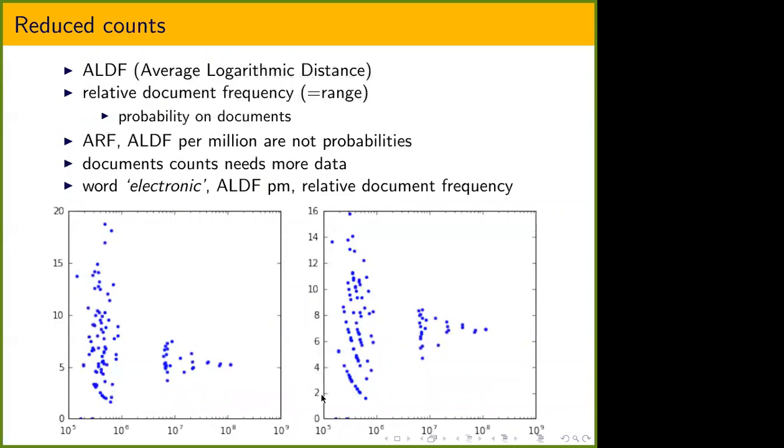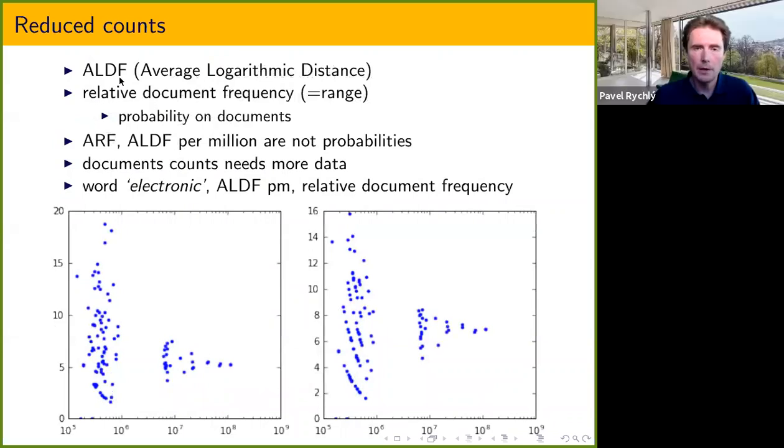Here is an example of average logarithmic distance. It is another reduced frequency, and document frequency, and both are normalized. Average logarithmic distance is normalized by using this per million, and relative document frequency is normalized by the number of documents.